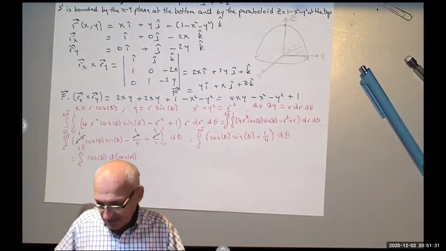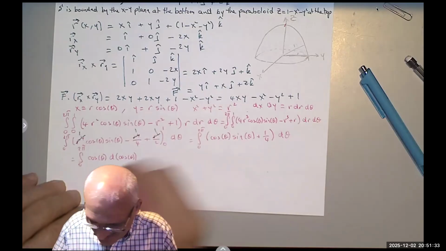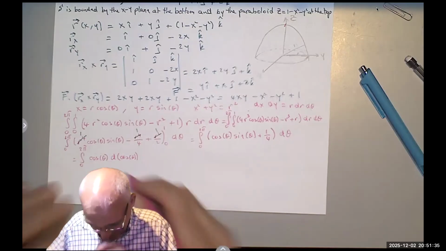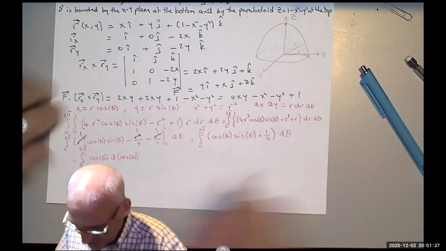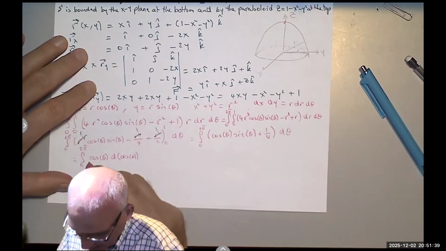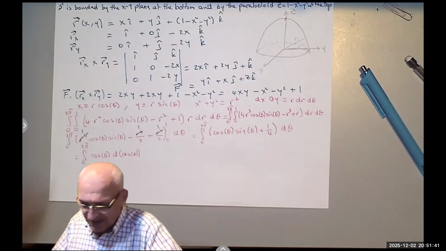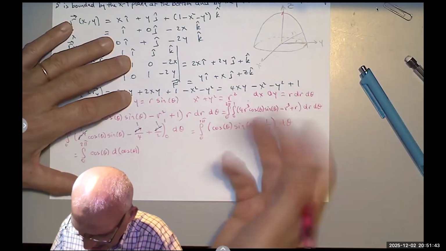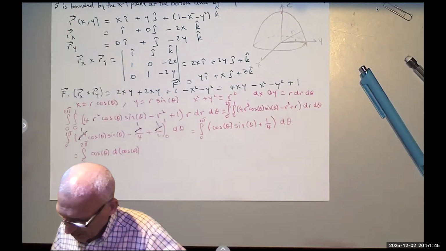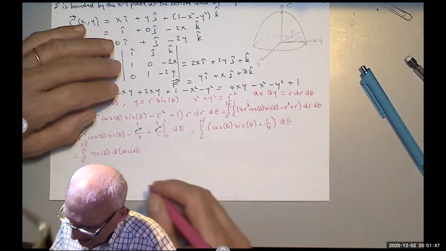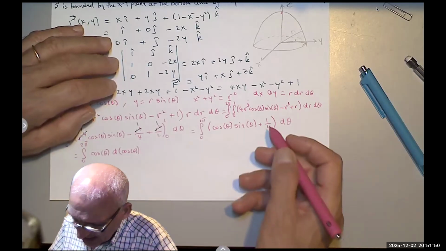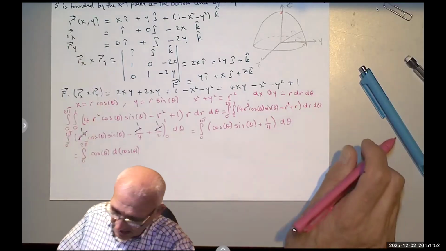Anything. What is the derivative of cosine? I'm sorry, I made them backwards. This should be sine, and that should be sine d sine. Why did I say that? Yeah, the derivative of sine is cosine, right?